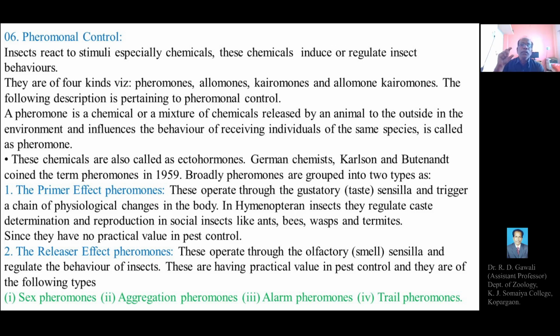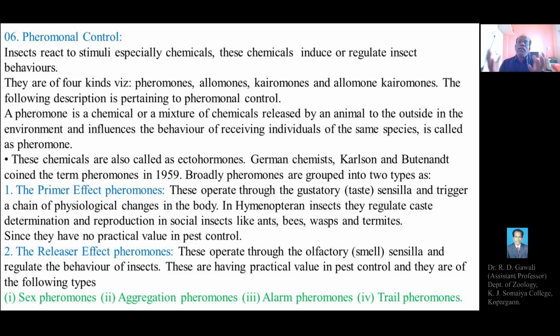Since the primer effect pheromones regulate the physiological changes inside the body of the respective organism of the same species, they are not of much importance as far as pest control is concerned, since they have no practical value in pest control.